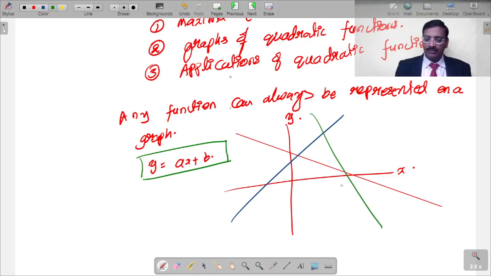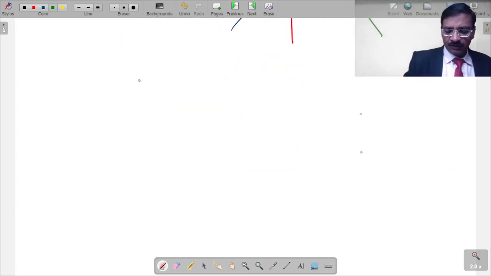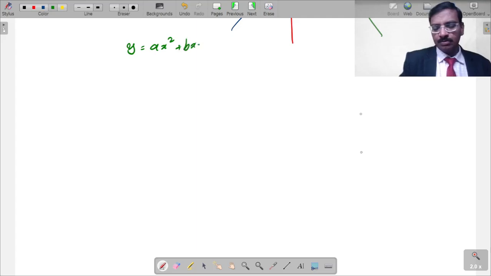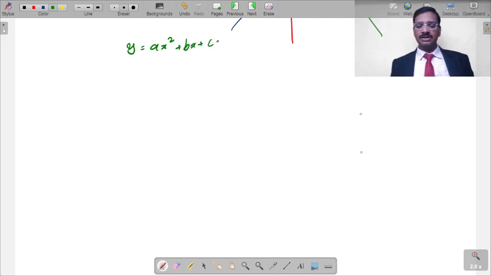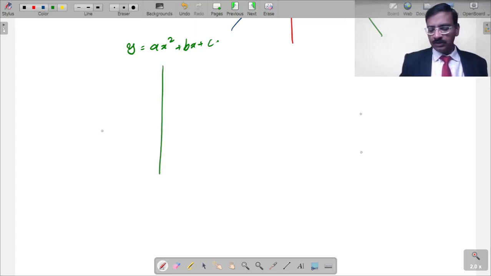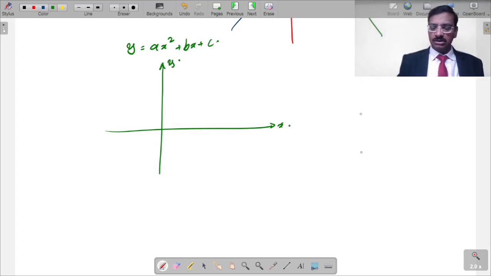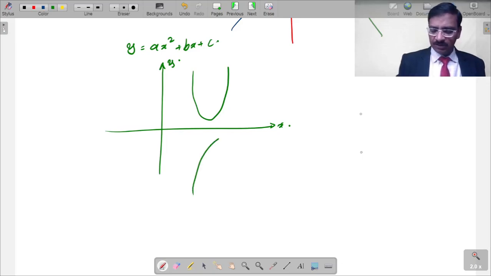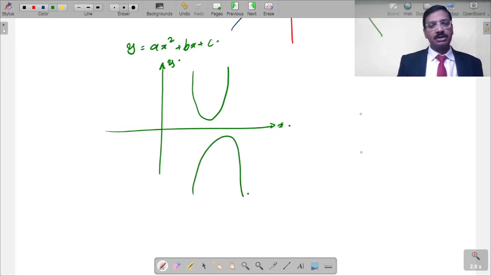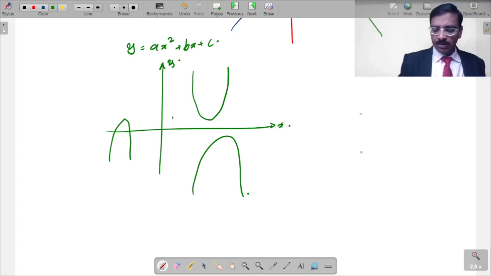Exactly in the similar manner, if you draw the graph of a quadratic function, that is y is equal to ax square plus bx plus c, it will be of this particular format. This is the x-axis and this is the y-axis, and the shape of the graph may be of this format or of this format. But it can be located anywhere on the graph, here, or here, or here.